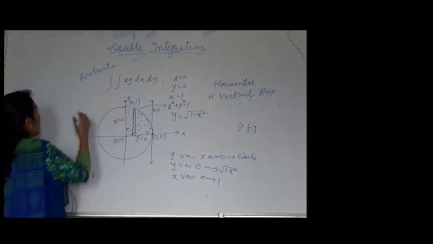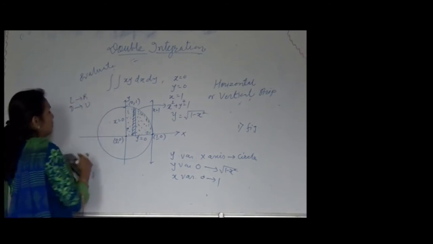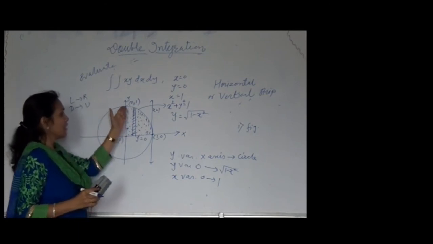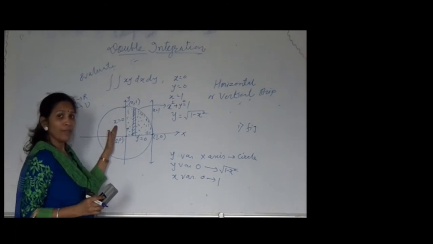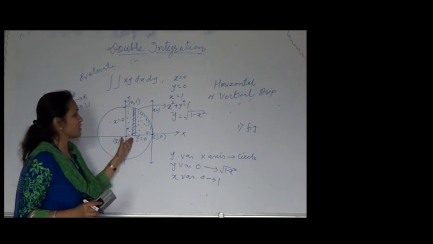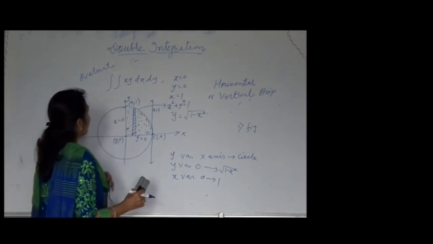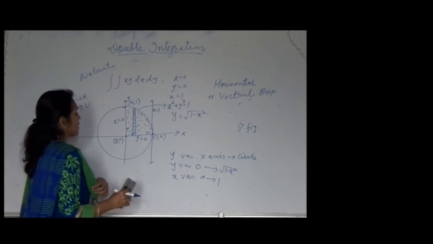Always, limits are taken left to right and downward to upward. But how to remember this? For a vertical strip, you think about the vertical axis first. Where have I started to draw the strip from? I have started from the x axis and it ends at the circle. Therefore, I write the equation of the x axis first.